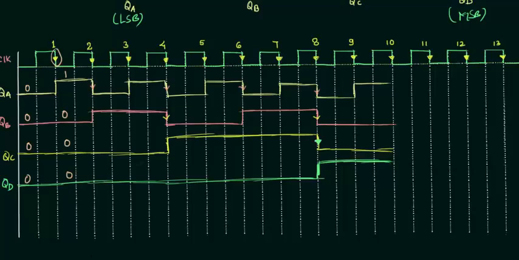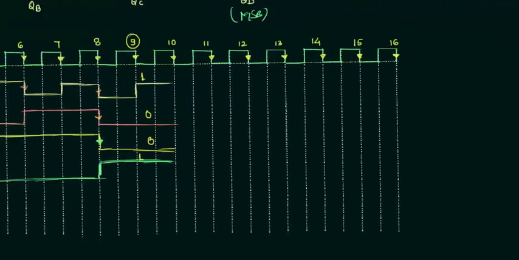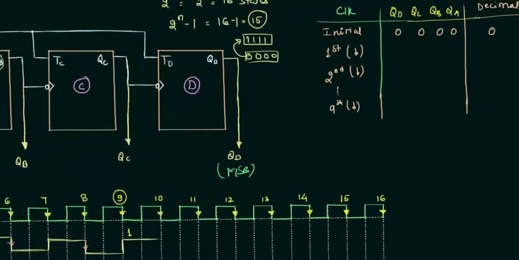For the falling edge number 2, QA is 0, QB is 1, QC is 0, and QD is 0 also. And for the 9th falling edge, QA is 1, QB is 0, QC is 0, and QD is 1. So you have to remember these things: 1 0 0 0, 0 1 0 0, and 1 0 0 1. These are the values of my output bits for the first, second, and 9th falling edges.